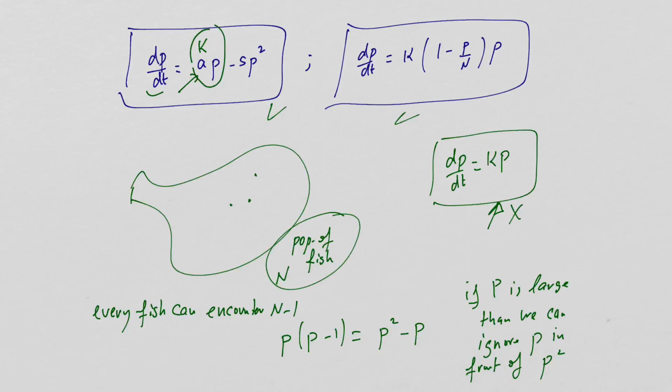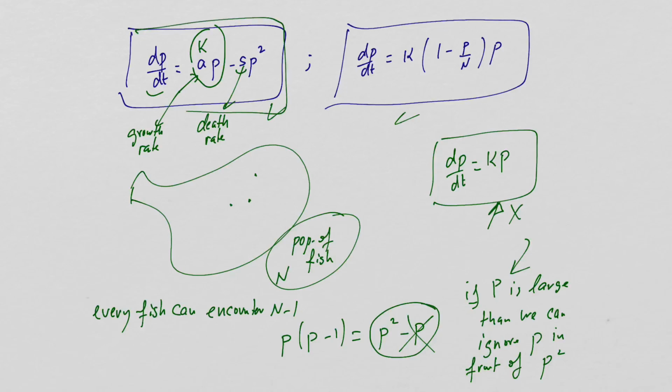But then we have to take away the death rate, because fish eats fish and fish dies and resources are scarce. So you've got to subtract something. This K or A is the growth rate, and S is the death rate. So you have to subtract a multiple of this. But we're going to ignore P because P is large, and that's why we take away a multiple of P squared.